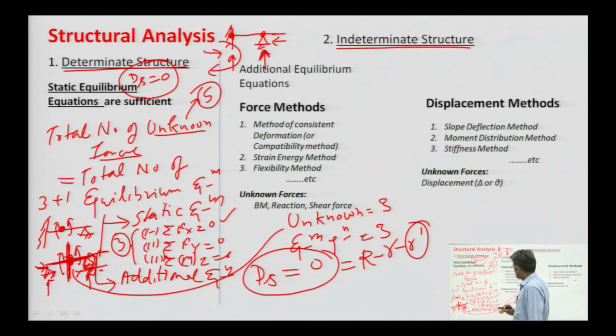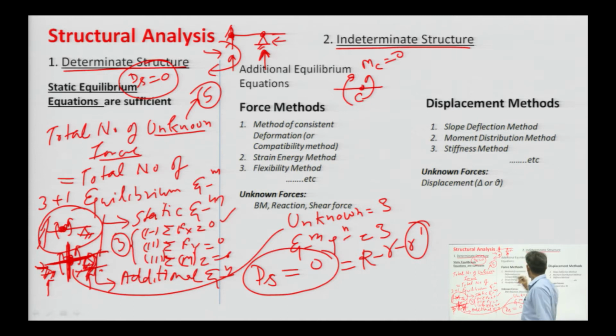But in this case, the total number of unknowns is 5, but the available equilibrium equations are 3 plus 1, where 1 is the additional one due to the internal hinge. Because an internal hinge gives the additional equation that moment equals 0 here. If an internal hinge is at any point, suppose this point is C, then the moment for the left part and the right part is 0 for both.